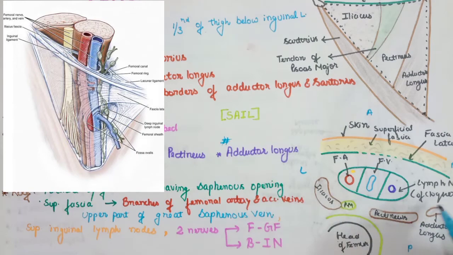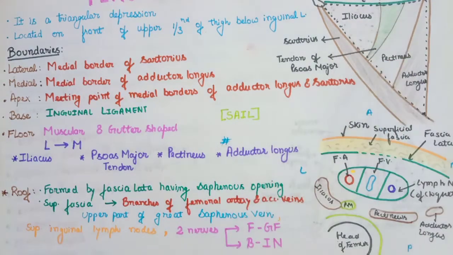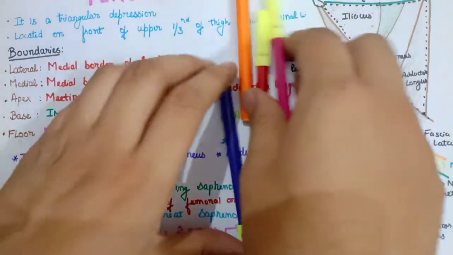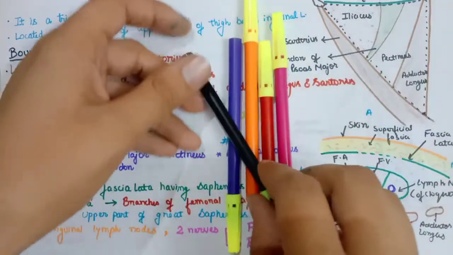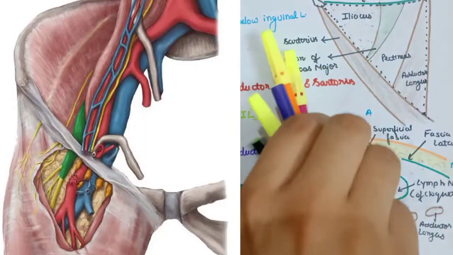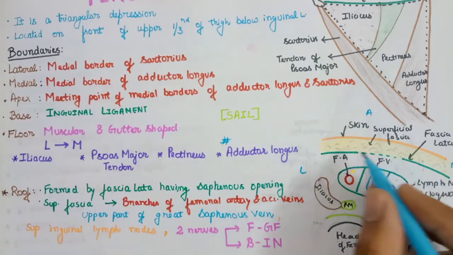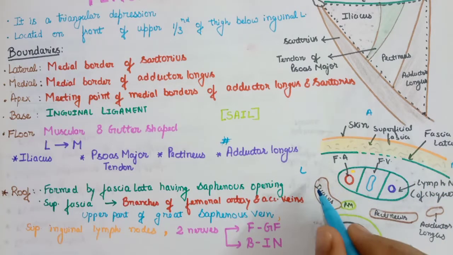As I told you, it is a muscular depression. In this depression, as I tried to explain with the help of these sketch pens, we will have the contents of the femoral triangle, which we'll see in the next section.